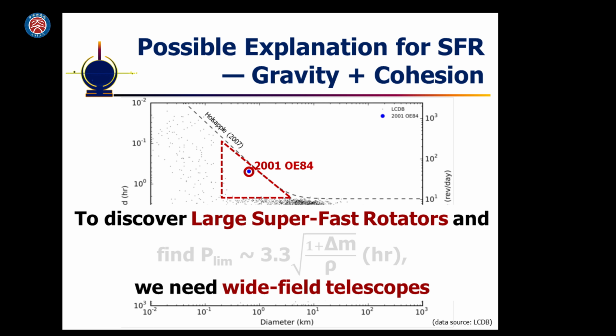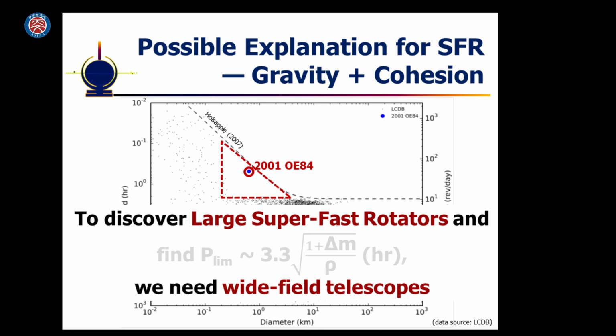So they started to think maybe cohesion is a good choice, because we see regoliths on the surface of asteroids, and regoliths do have cohesion, and we believe inside the asteroid also has regoliths. So it eventually gives you another additional force, which is cohesion, to help OE84 survive. So this dashed line is the new spin rate limit when you add cohesion into the model.